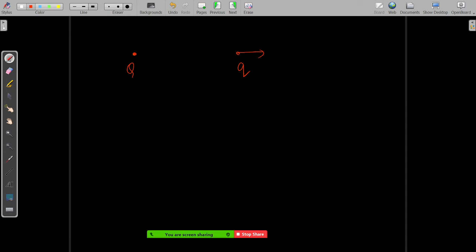There is already an electrostatic force acting on this charge. So what we are doing is, let's say the distance between these two is r1, and the distance between these two points has now become r2.